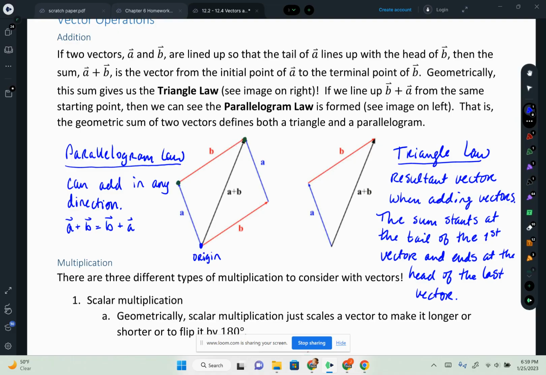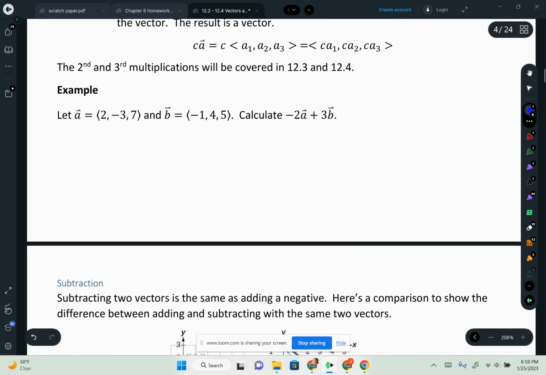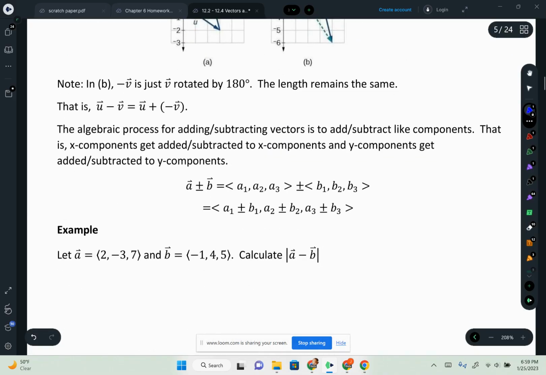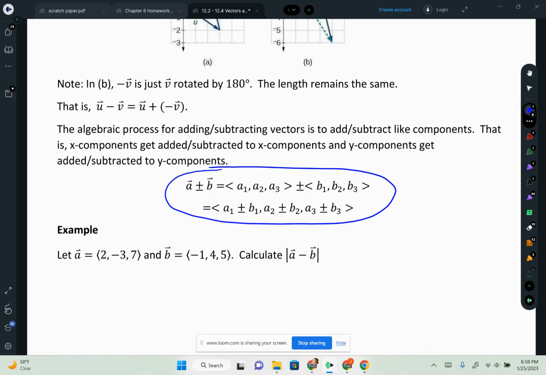All right, now algebraically, this is where I have to scroll a little bit. I should have placed this elsewhere. So what we've got here is addition and subtraction all together in our definition of addition and subtraction. So whether we're adding or subtracting two vectors or three vectors or four vectors, doesn't matter.